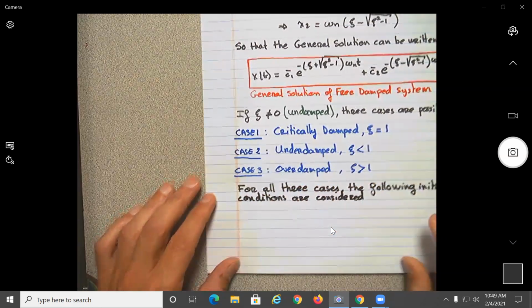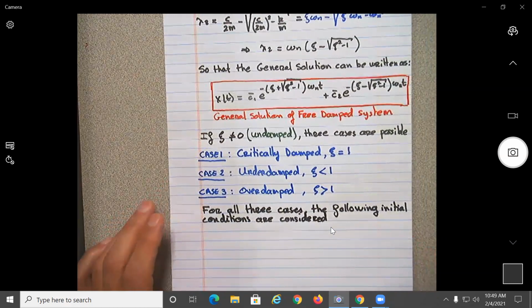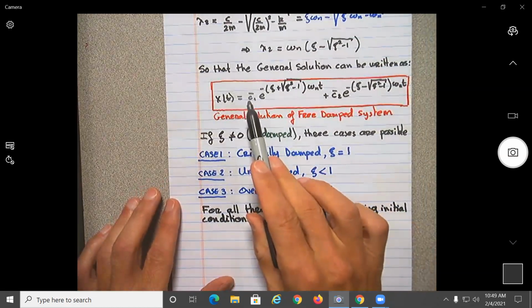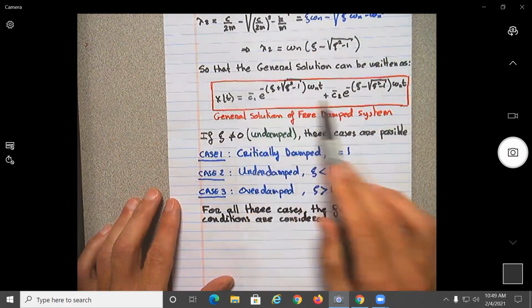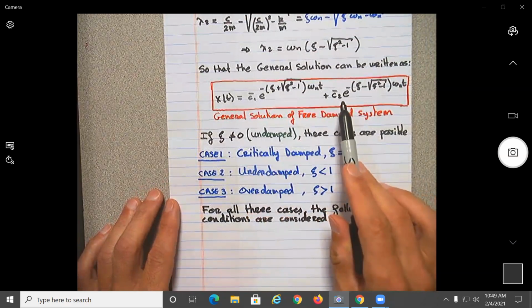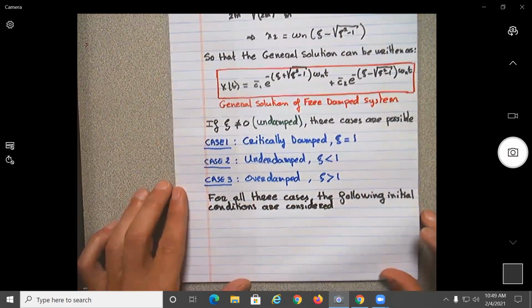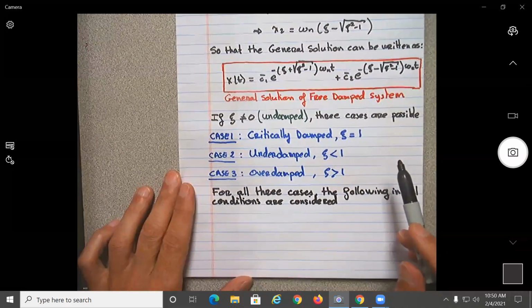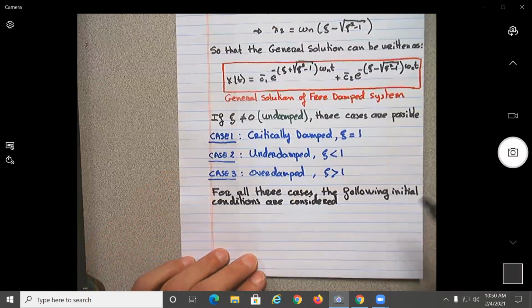If you remember, in order to fully determine this solution, we need to also determine the constants C1 and C2. If we have two constants to determine, how many initial conditions do we need? Two, no? If you have two unknowns, you need two equations.